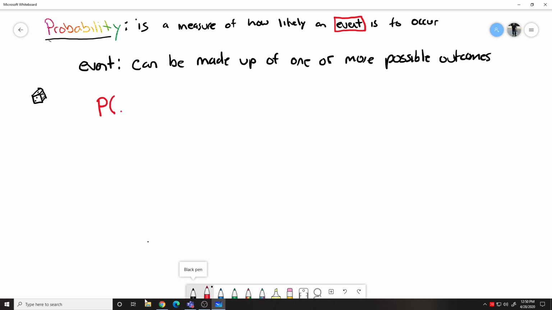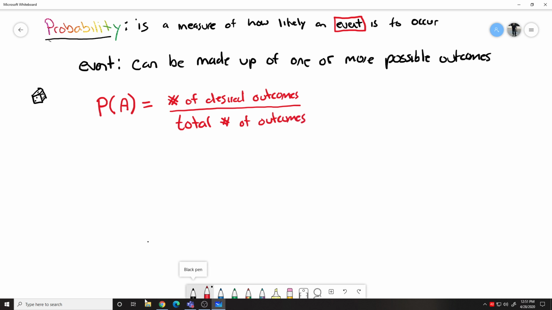But for the formula, I'm just going to put the letter A. So the probability of an event happening is equal to, on the top, the number of desired outcomes, over, on the bottom, the total number of outcomes.